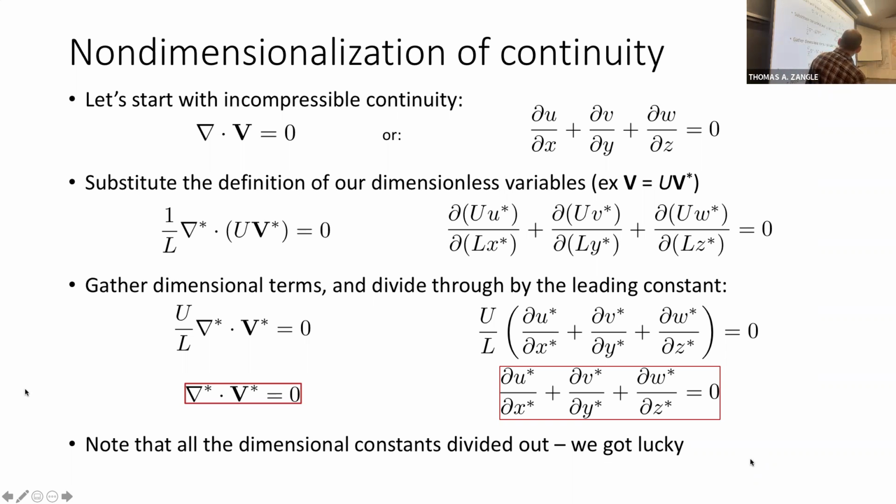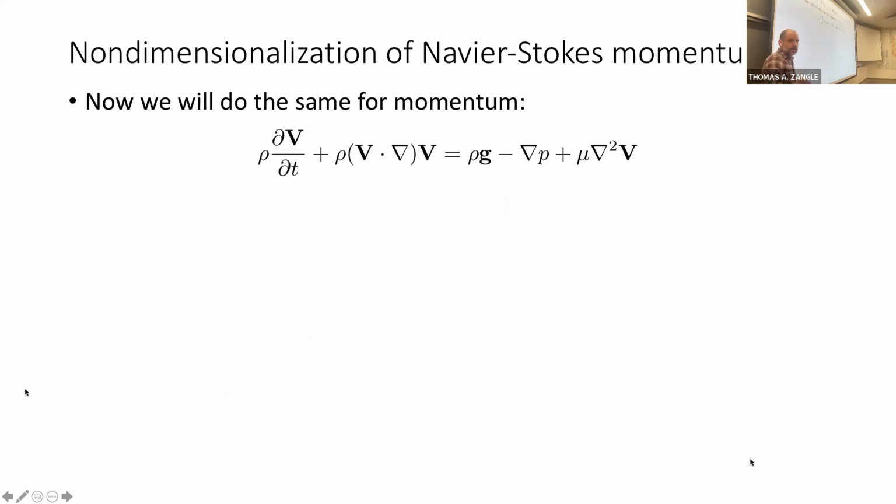Okay. So we're going to look at momentum, and we'll see that things are not going to work out quite the same way. We're going to end up with something left over. So we're going to do the same for momentum, and we're going to do this in vector form.